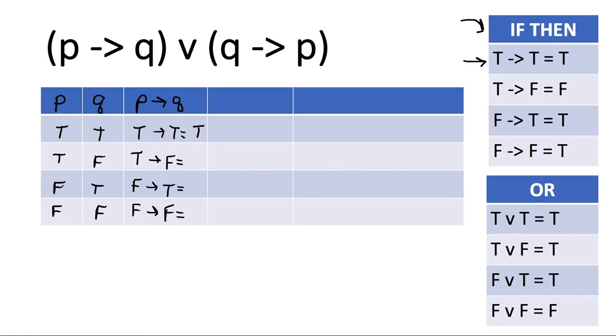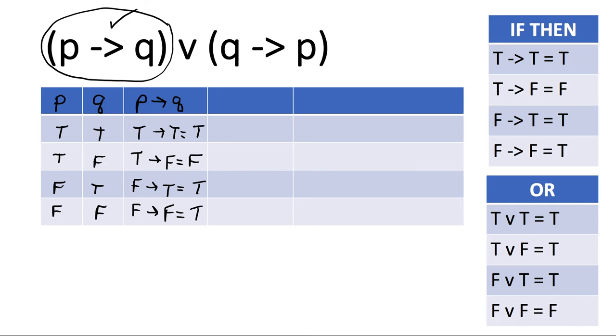Our second statement is if true, then false, and we know that that one is false. Then we have F arrow T, which is T, and we have F arrow F, which is going to be T. So what we have now accomplished is that we have done this part of the compound statement. So this part is done.